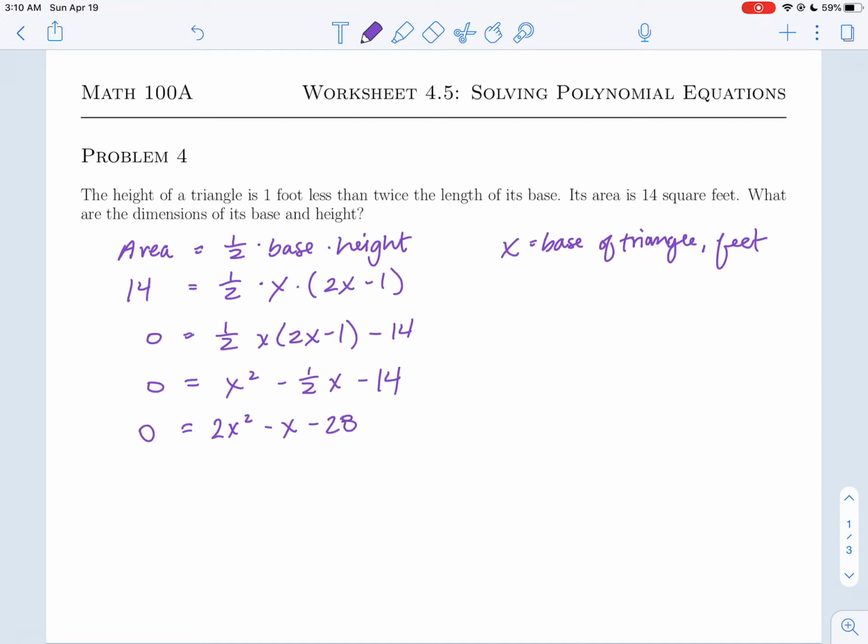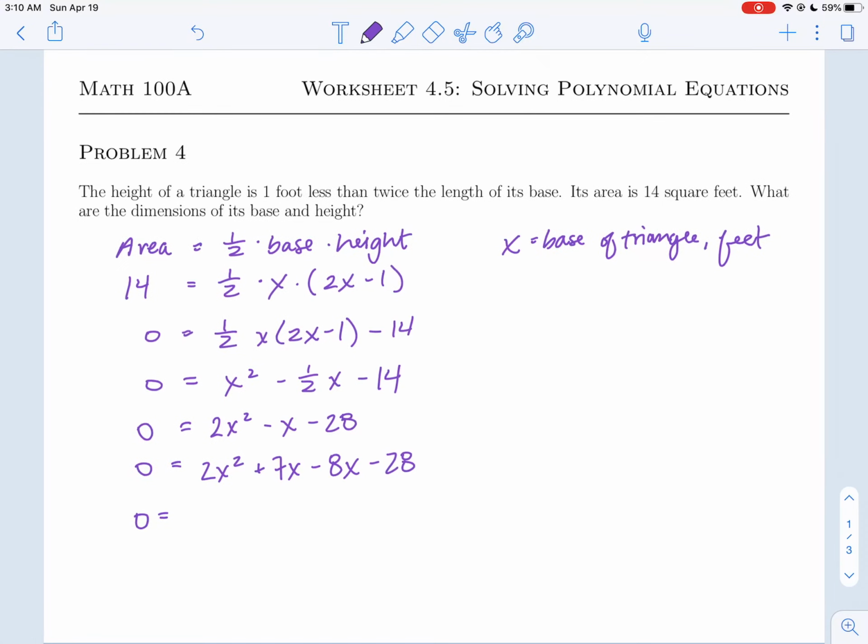That looks like a polynomial I'm more familiar with, just all integers. So from here, we're going to go forward with that AC method. I'm looking for something that multiplies to -56 and adds to -1. So we're going to use the pairing +7, -8 for this one. We have 0 equals 2x squared plus 7x minus 8x minus 28.